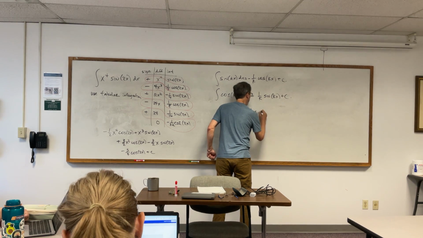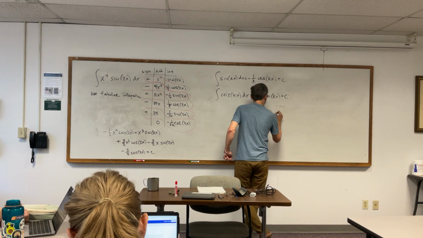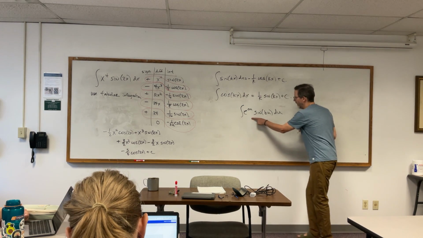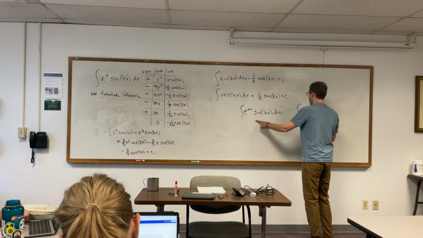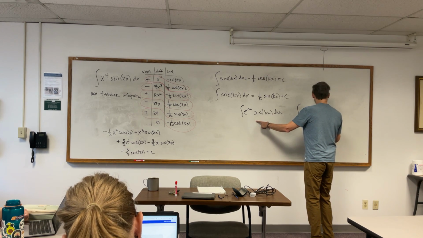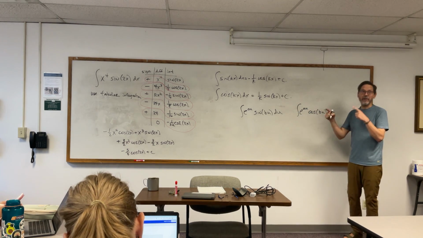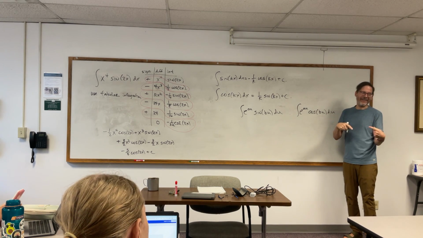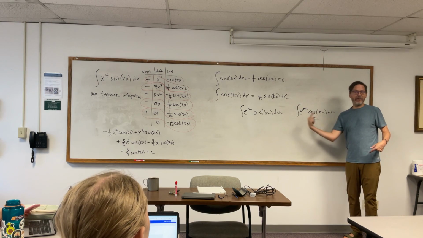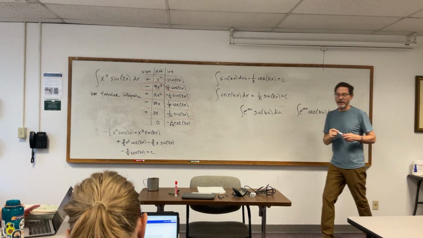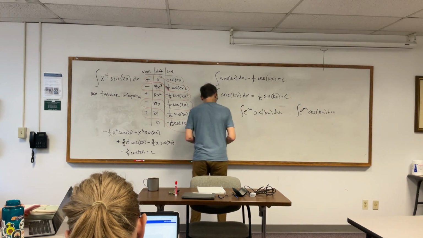Sine. You'll either have this or this. This is one of those ones where it repeated. We did parts multiple times till it repeated, then solved for the thing. I would just go to the table. There's a formula for this in there, so that's my suggestion there. So I lied.